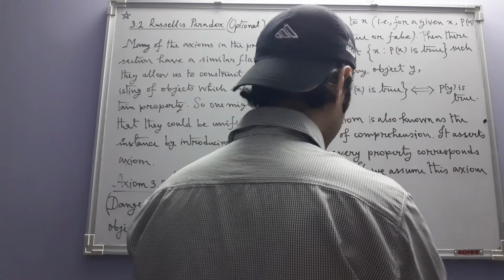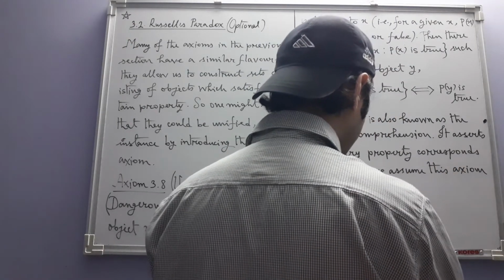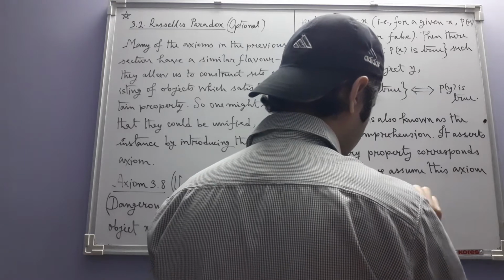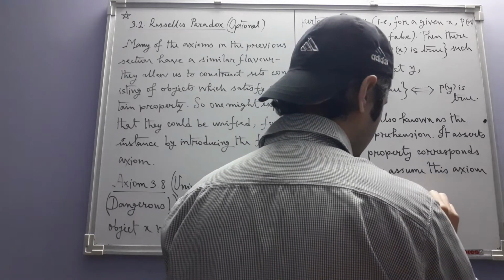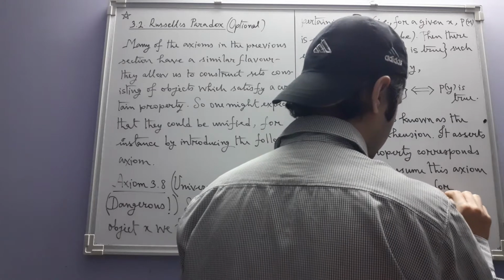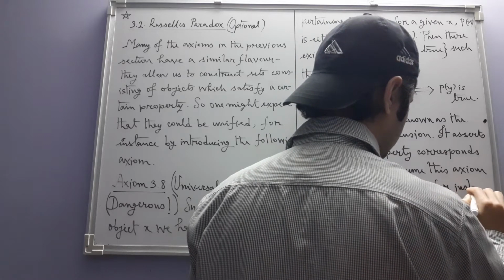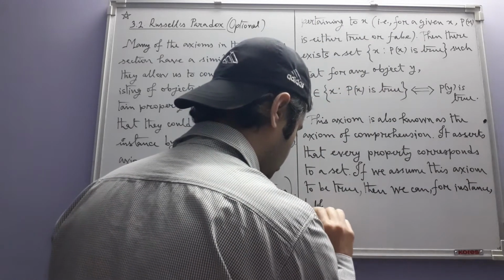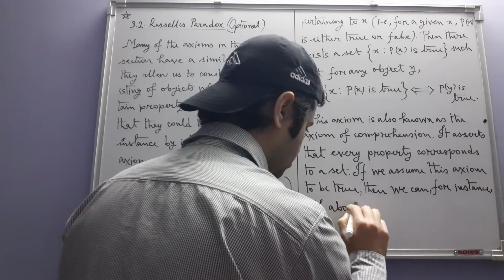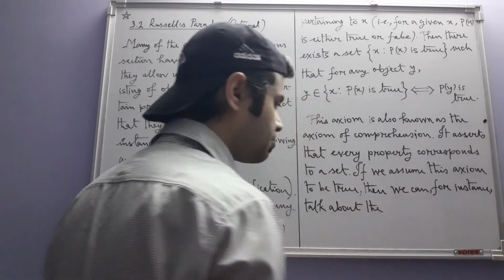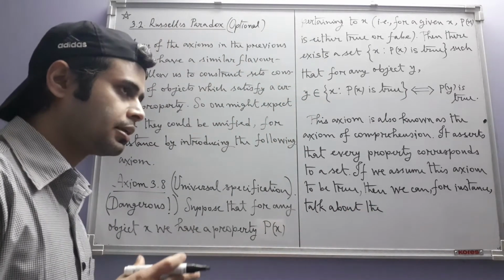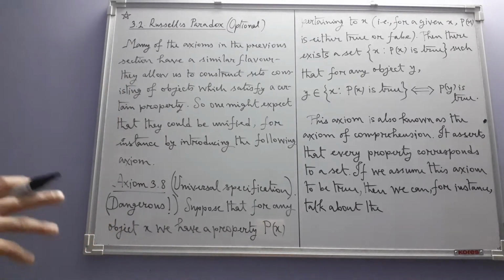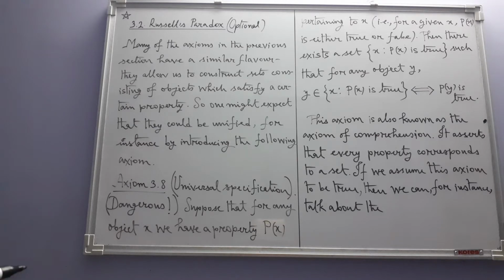So if we assume this axiom to be true, then we can, for instance, talk about many things, since the objects are now not coming from any set, but they are just objects in their own right. So we don't have any restriction of sets.